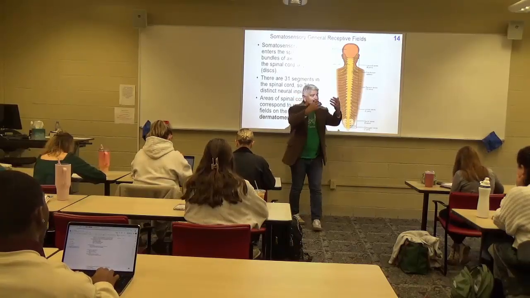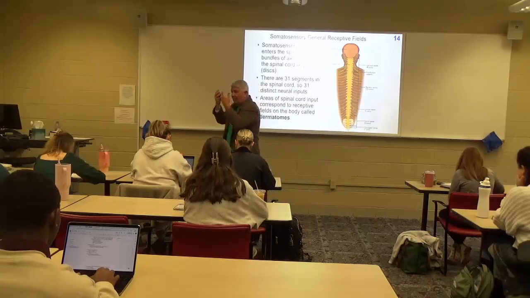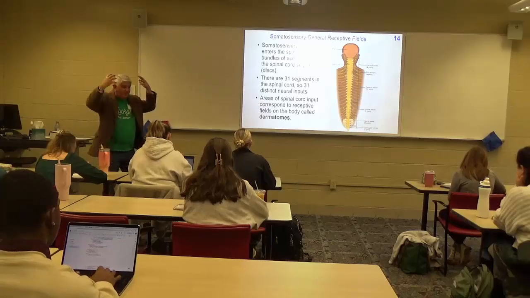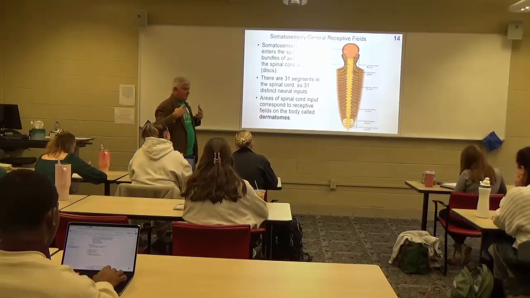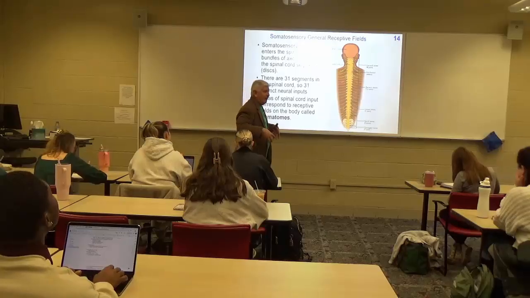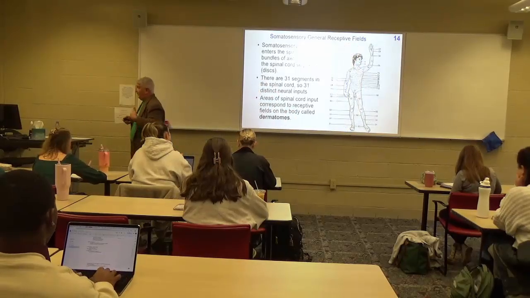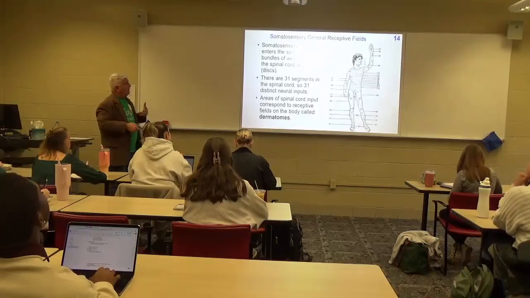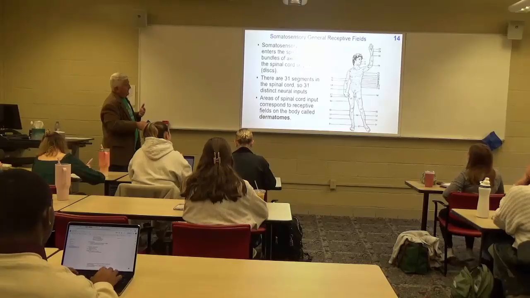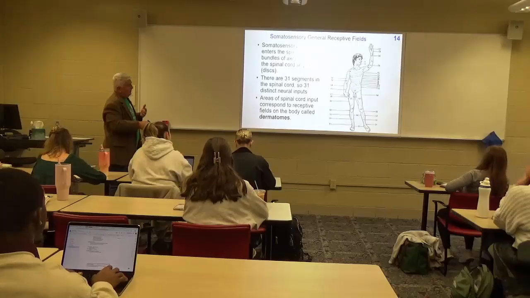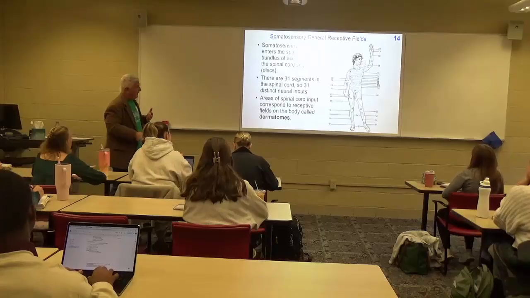So it's highly organized, just like we talked about a retinotopic map of vision, right? Here we have a dermatopic map, a map of your dermatomes from your toes all the way up to your head. And we can map that out here, and so you can see that the T2 dermatome is going right across the top part of the chest and under the arm, right?